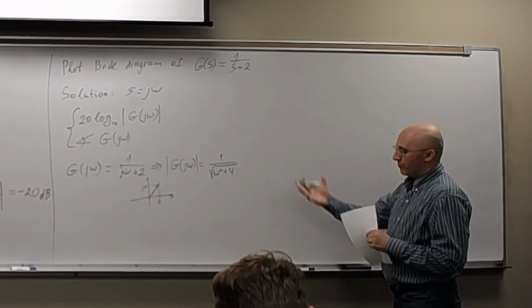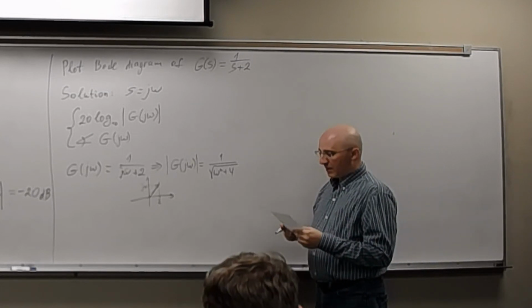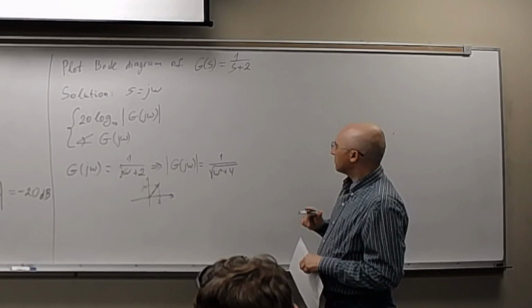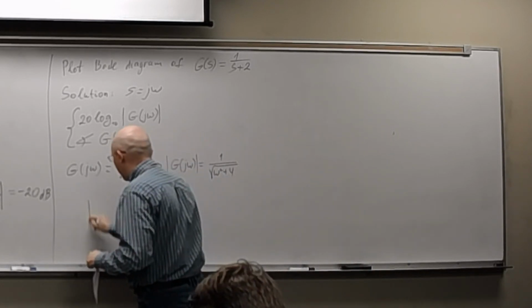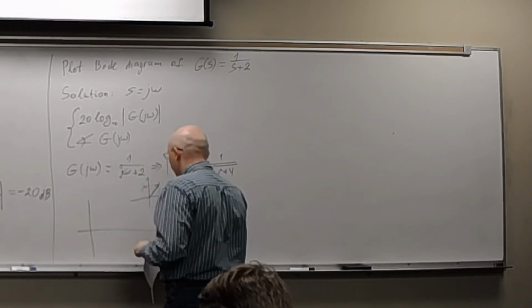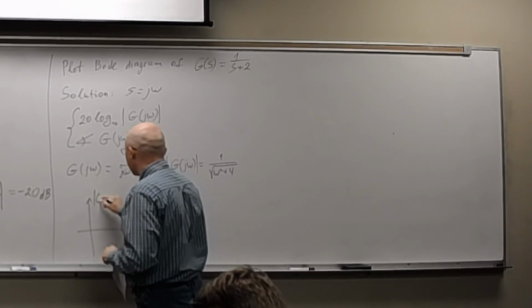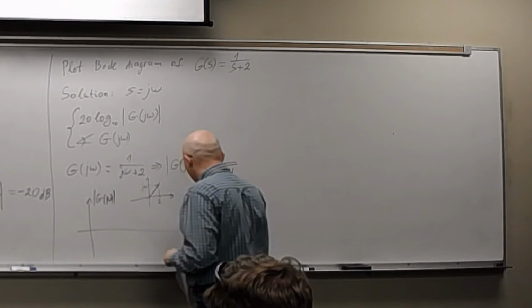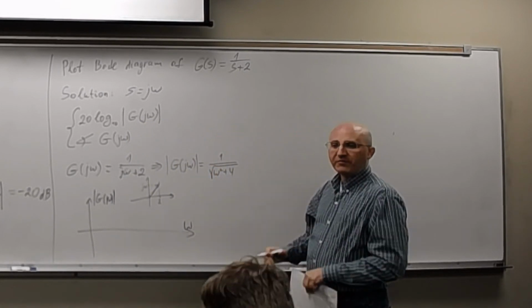Now, basically we need to plot something like that, and how it should look. So this is the magnitude, which is the absolute value of g, as a function of omega, a linear graph.